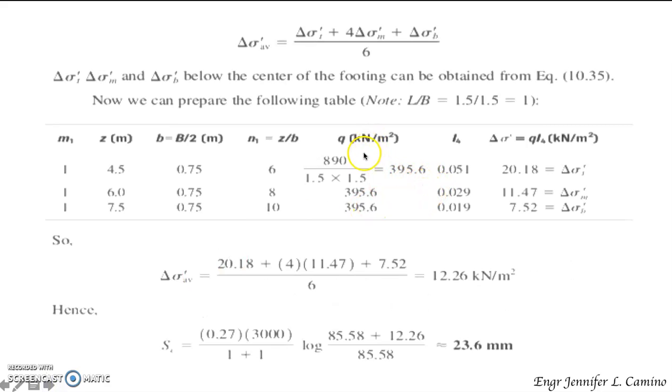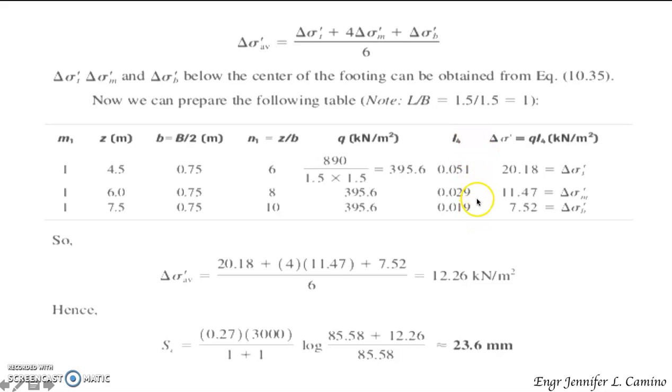All throughout, our q is 395.6. Then we can identify our I, wherein we need a value for n1 and m1. From our previous discussion, we can identify our I and we got our result for it.